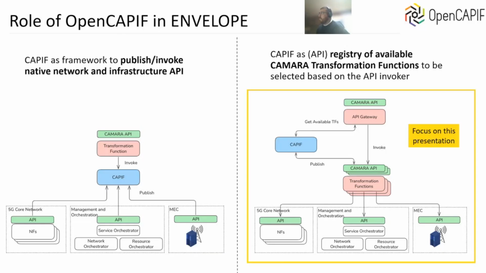The idea is to let an API gateway select the most appropriate transformation function based on the API invoker, the network conditions, and several other logic that we can have here. So not only publishing low-level APIs on CAPIF, but also publishing service APIs and several implementations of the same service API on CAPIF, to be selected by a sort of API gateway.